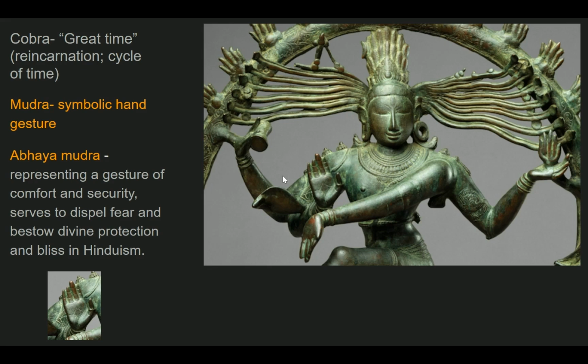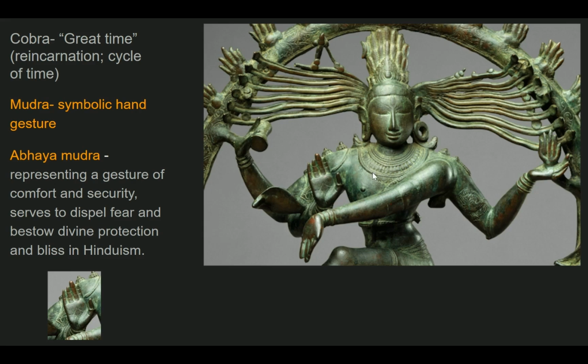It dispels fear. It bestows divine protection and blessings, and so that you're able to experience bliss. Later, we'll see this come back with early Christian art, where they use specific mudras that were influenced from the Near East. These ideas came from India.